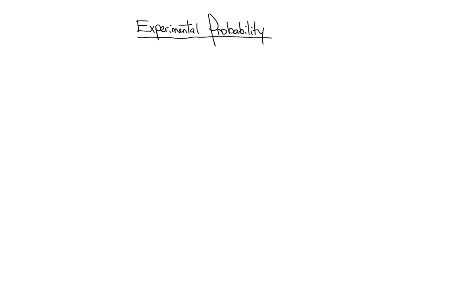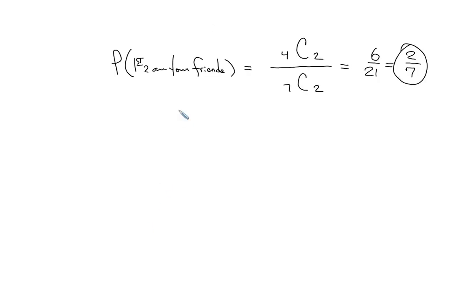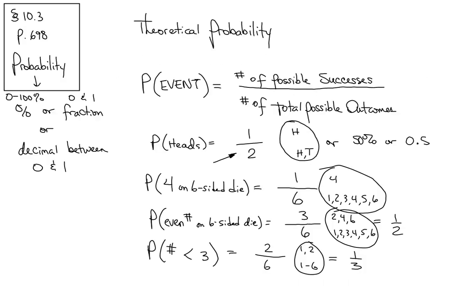Now, before I talk about experimental probability, going back to theoretical probability, guys, what this tells us is that, for example, if we flip a coin over and over and over, we expect about 50% to end up being heads. Does that mean every time I perform this experiment, we're going to get half heads and half tails?